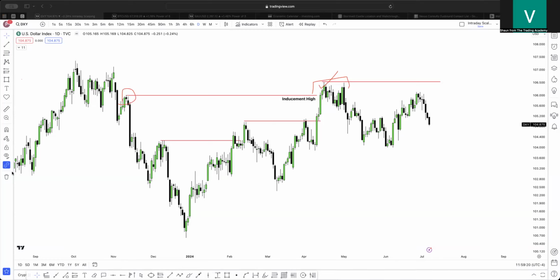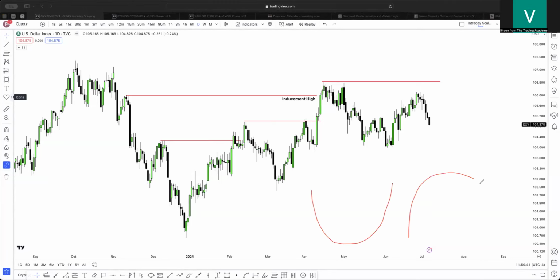Apart from that, looking at this inducement high, we can see that price took it out and then reacted to go down, as it should. Now you have to understand that when we break structure, we relatively make new highs and lows. What do I mean by relatively making new highs and lows? You have the curve.